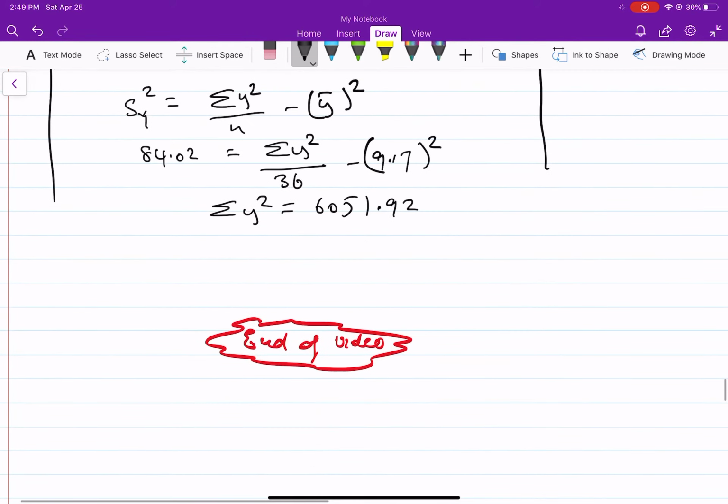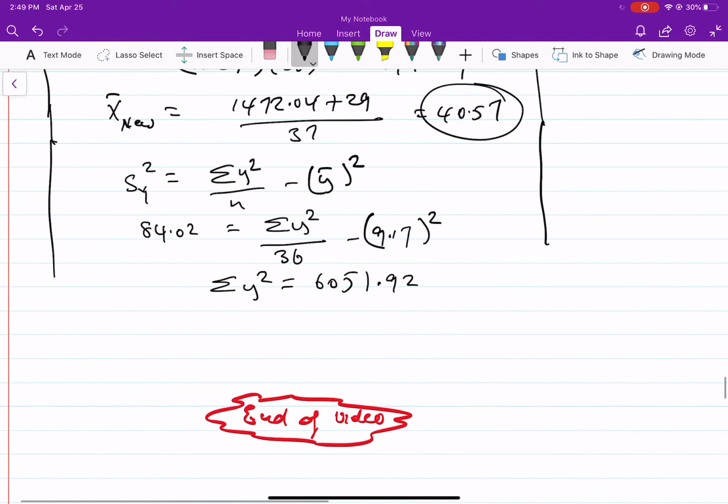Now, why did I need sigma y squared? Because the new sigma y squared will be 6051.92 plus 29 squared.